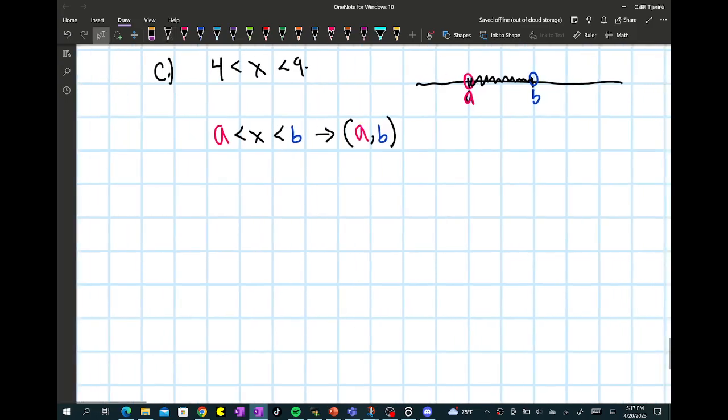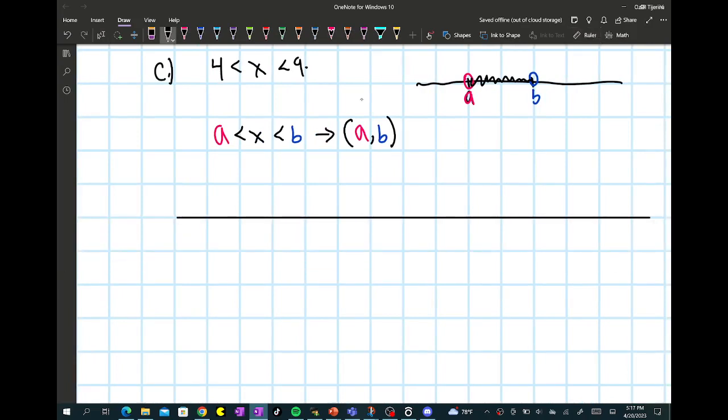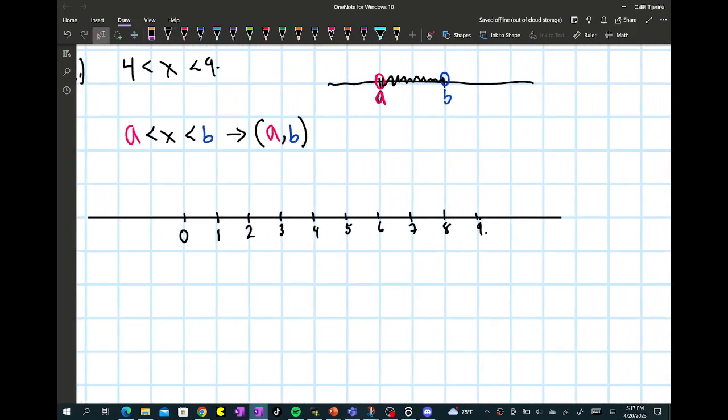So basically here, if I do it from 4 to 9, let's do 0, 1, 2, 3, 4, 5, 6, 7, 8, 9. And so the first one says from 4 to 9.